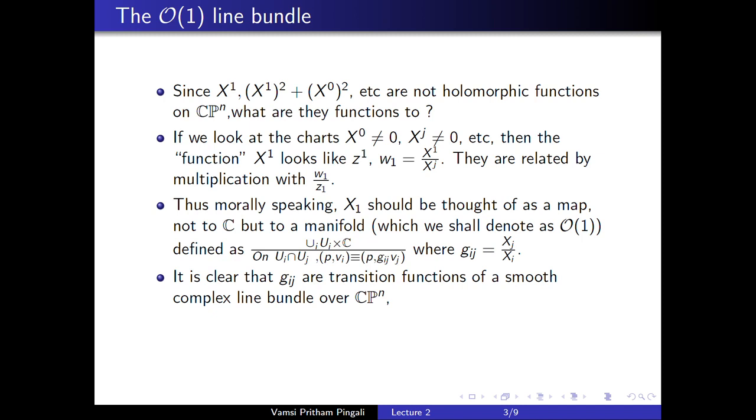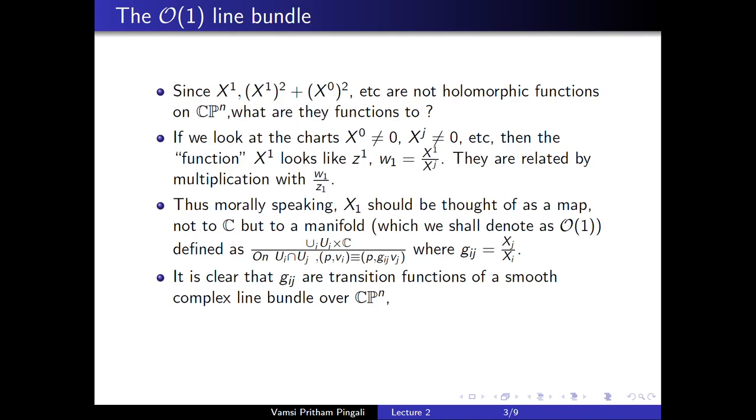That is, you have a manifold V and a projection map from V to your base manifold, such that the pre-image of every point on your base manifold is a vector space, and locally around every point there's a neighborhood where this vector bundle looks like U cross R^n or C^n. So they're basically locally trivial, smoothly varying families of vector spaces.